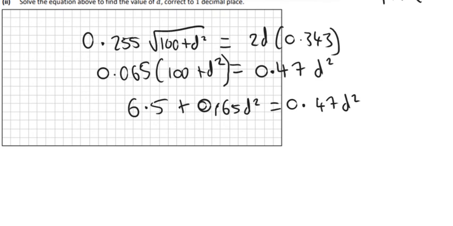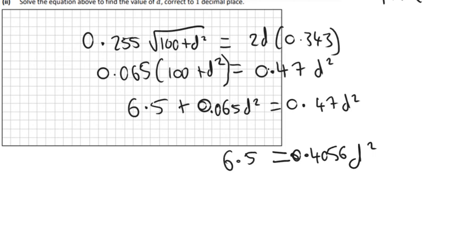That should actually be 0.065 in there. So you can bring 0.065 d squared across the equal sign and take it away over there. So you should get 0.4056 d squared is equal to 6.5.